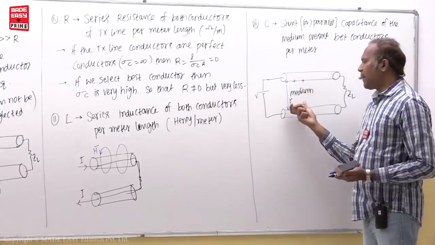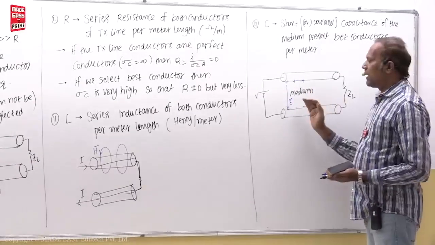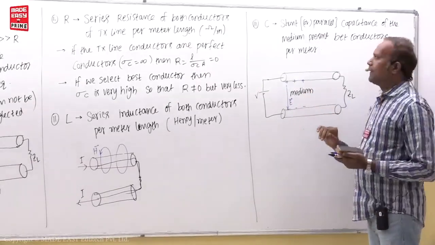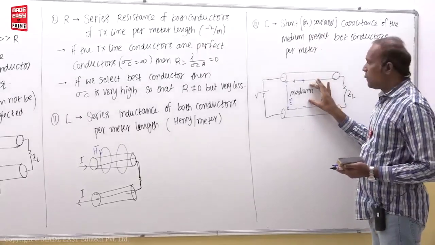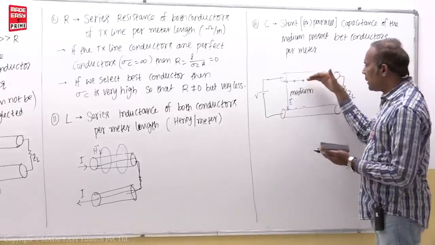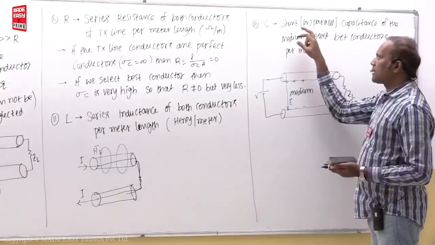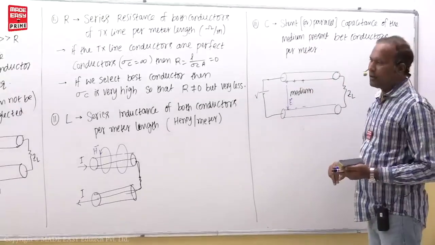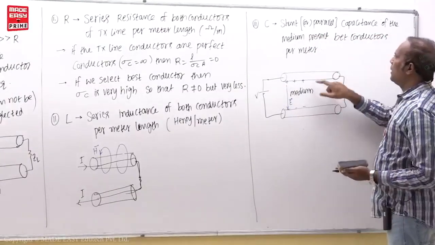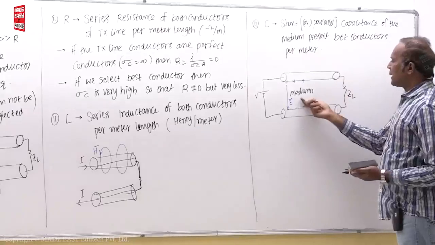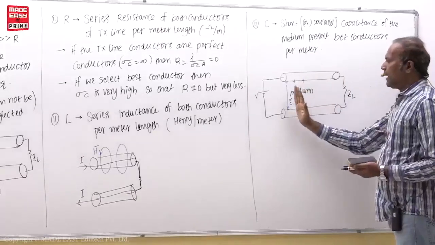So at every location capacitive effect is present. That is why it is called a distributed parameter. Between the conductors means it is a shunt or parallel connection, so shunt capacitance of the medium per meter length.